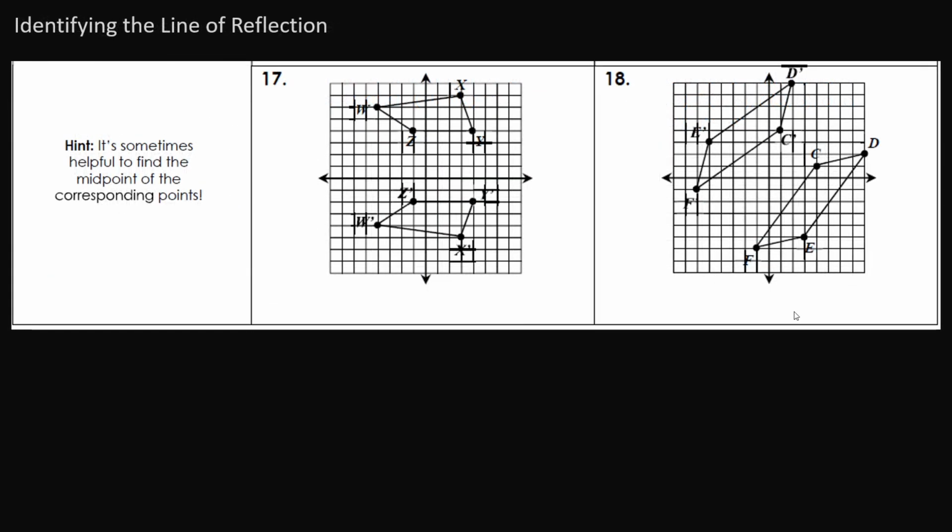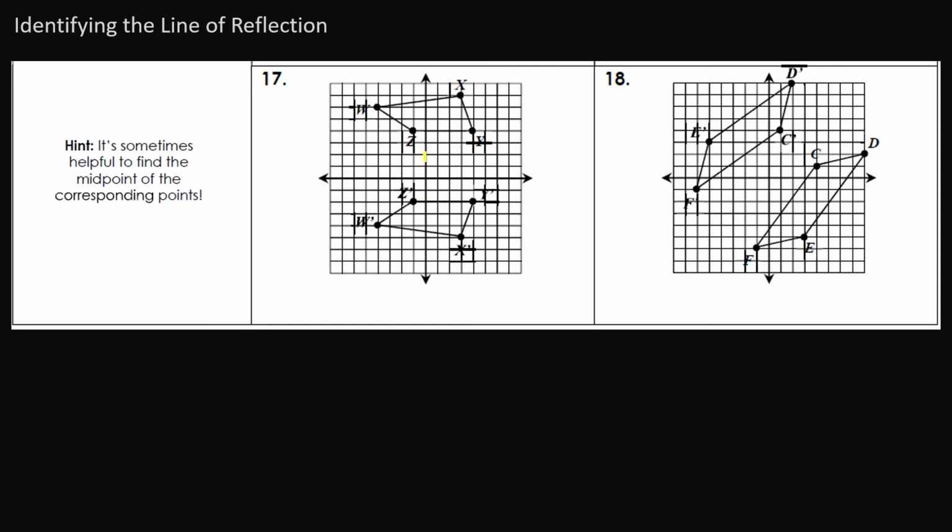And lastly, we're going to practice identifying lines of reflection. And with this particular skill, sometimes it's helpful to find the midpoint of the corresponding points, like between z and z prime. And sometimes you can eyeball it. You can determine which level on the x or y axis is equal distance from your corresponding points.